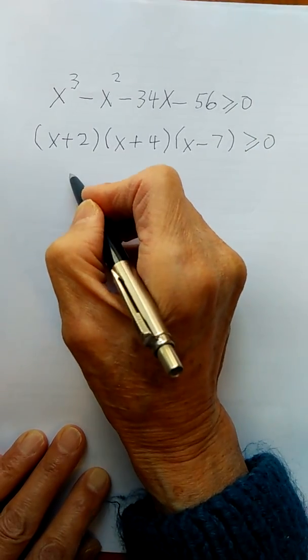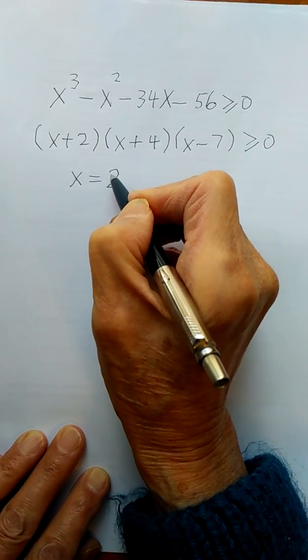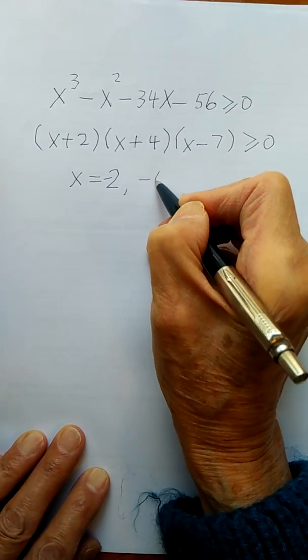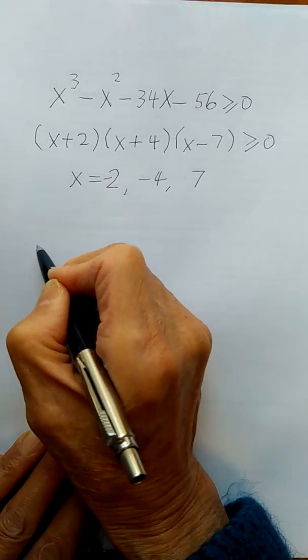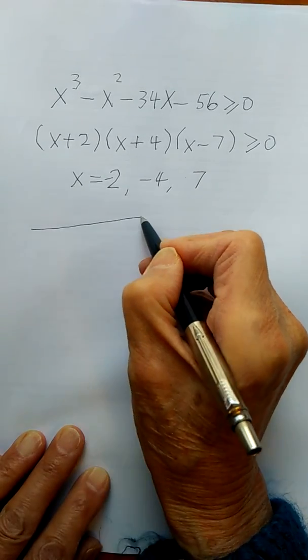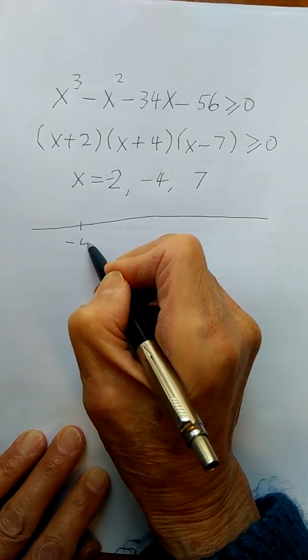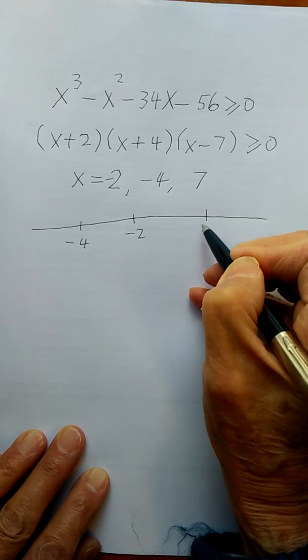The x-intercepts are x equals -2, -4, and 7. Do a number line: -4, -2, 7.